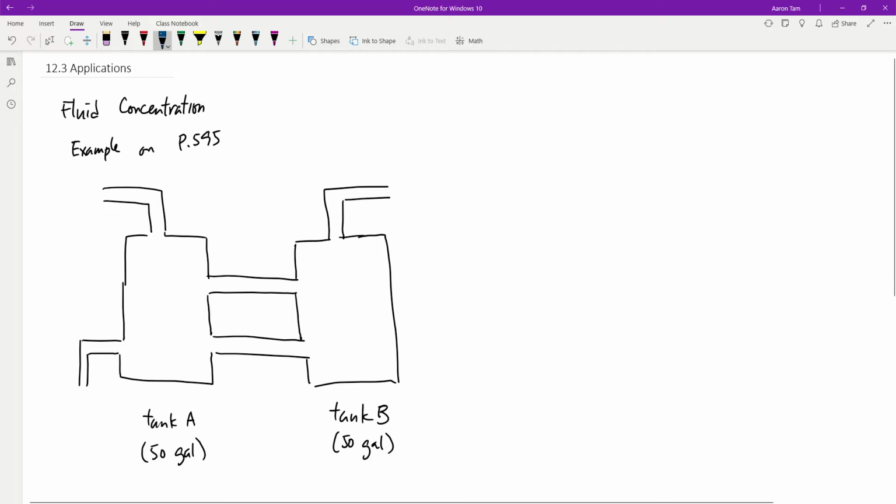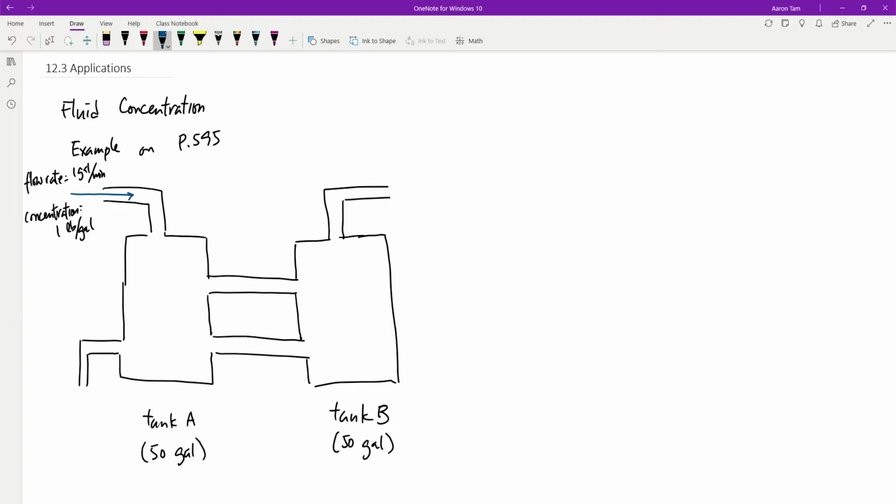What happens is that in tank A, there's a liquid going in from the outside, and this liquid has a flow rate of 1 gallon per minute and a concentration of 1 pound per gallon.